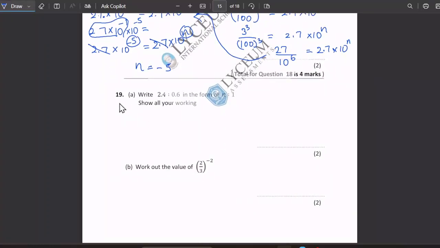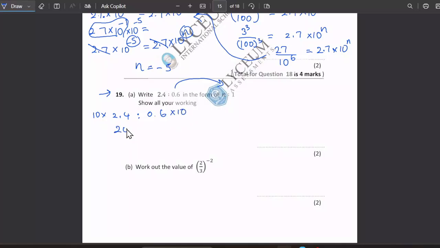Again, the 19th question, we have to get this into one form. Okay, so first thing, 2.4 to 0.6. I can write this, or otherwise I can multiply both sides by the same number.